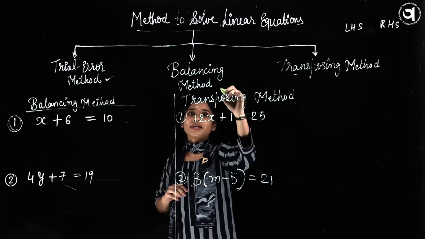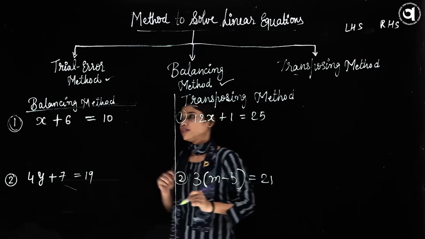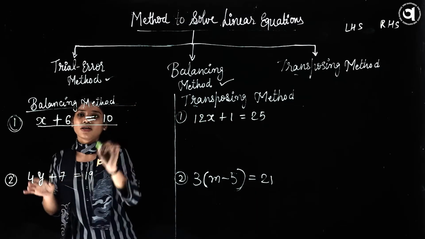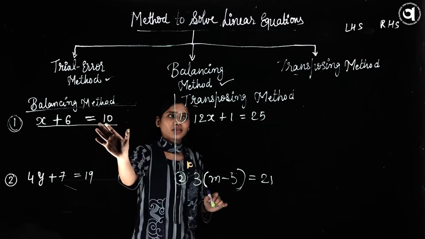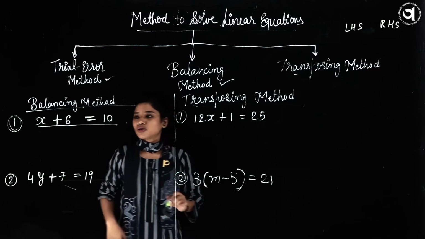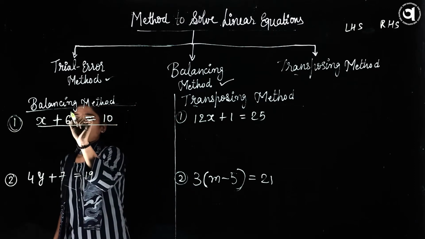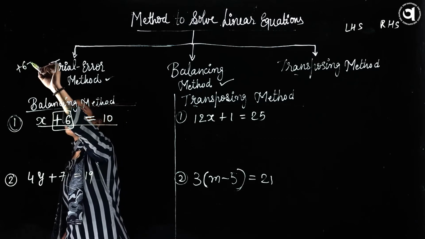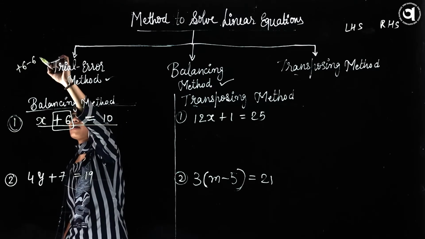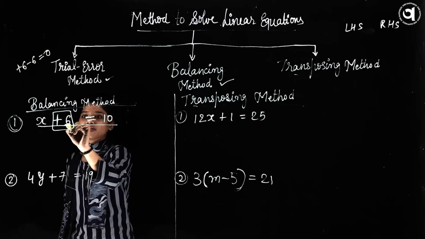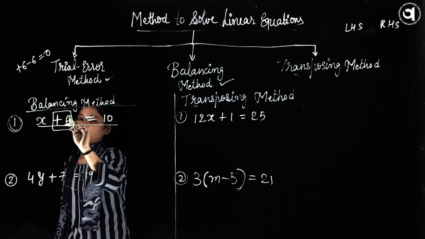Okay, now the next method is the balancing method. In that I have taken two questions. We have to balance the equation x plus 6 is equal to 10. That means LHS should take such a number that will give 10. So to balance, if I want to remove this plus 6, I will take a number, because plus 6 and minus 6 will give you 0. So I can take the same number, only the sign of the operation will change.